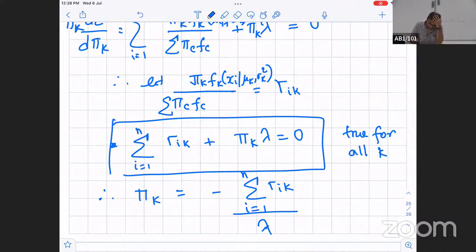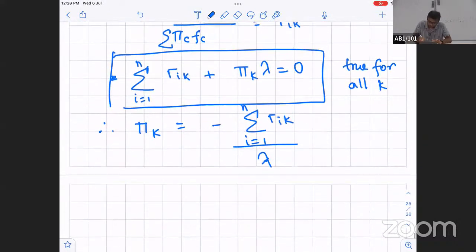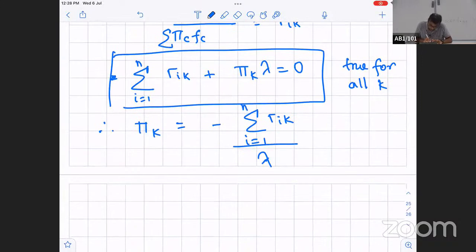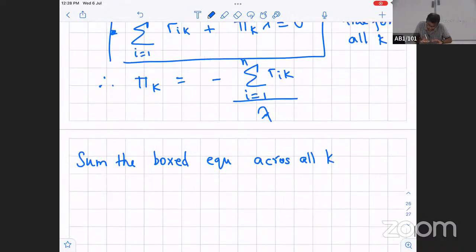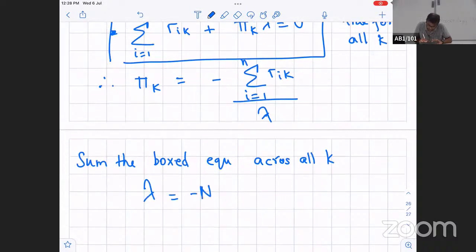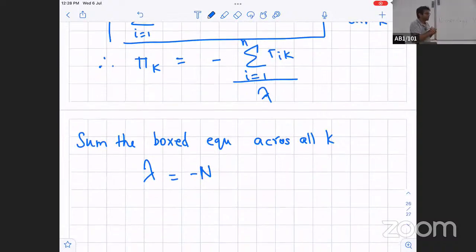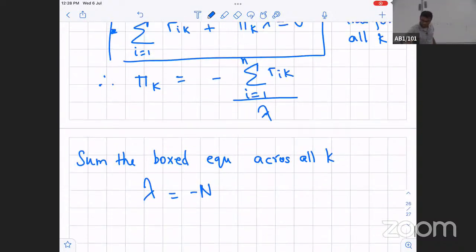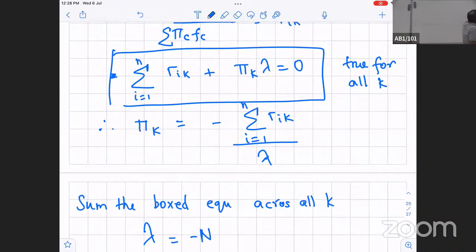I'm going to skip the step because it's getting too algebraic. You can show that if you sum the boxed equation across all k, you will get lambda is equal to minus n. So when you sum, there will be a summation over k, summation over i of gamma i k.